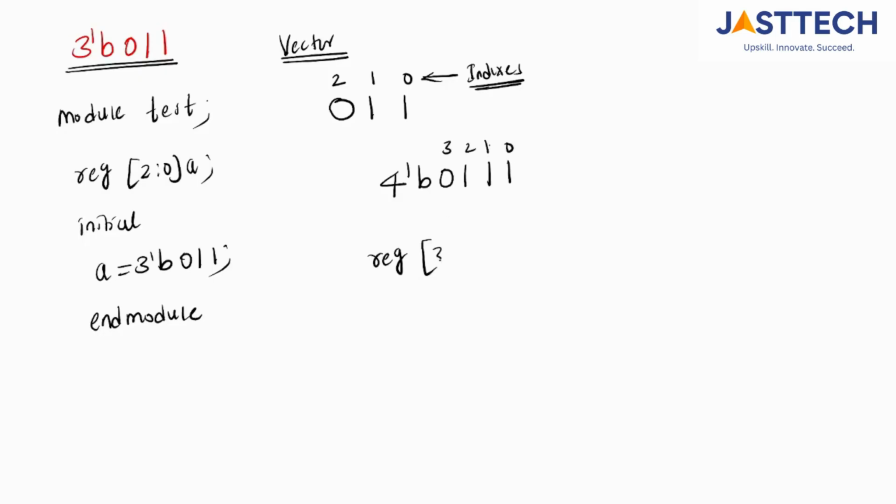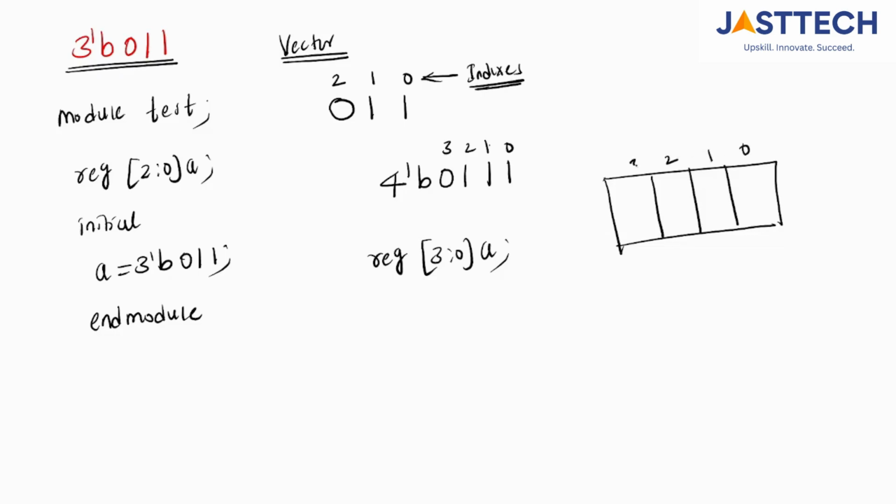So that is reg [3:0] A. How will it store in the vectors? Here 4 bits, so 4 locations will be formed: 0 1 2 3, with the MSB first, like this it will store.